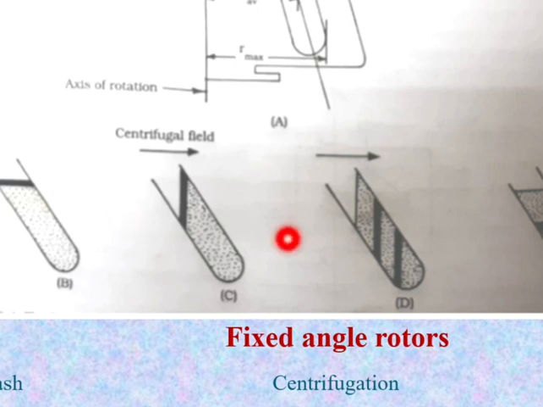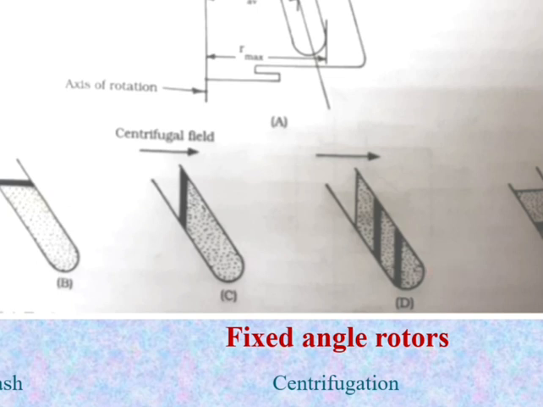Figure C shows the application of the centrifugal field, that means the centrifugal force is applied here. It leads to the reorientation of the sample and the gradient. We can see that there is a reorientation of the sample here. In figure D, we can see that the sample components separate.